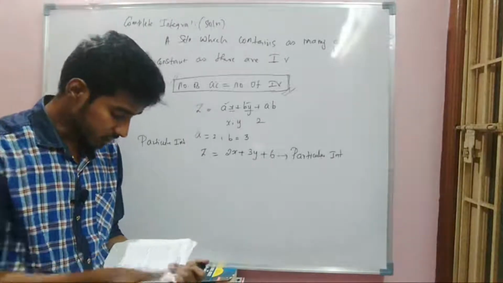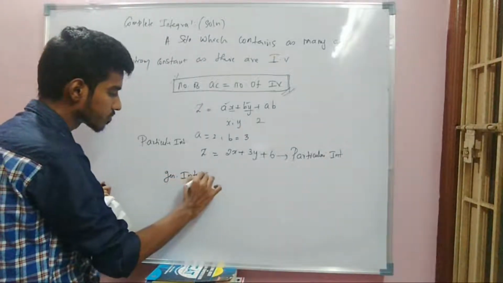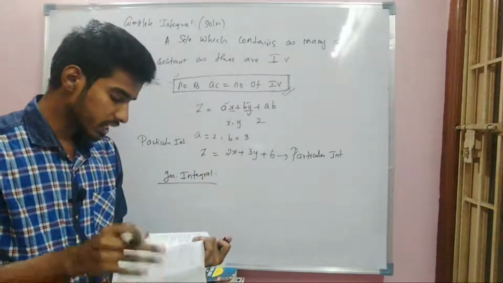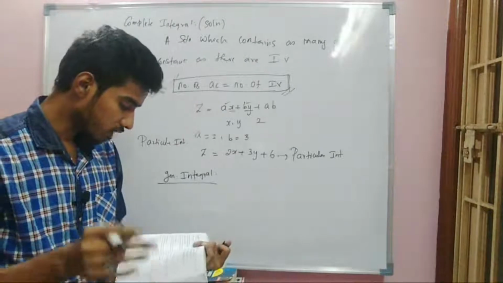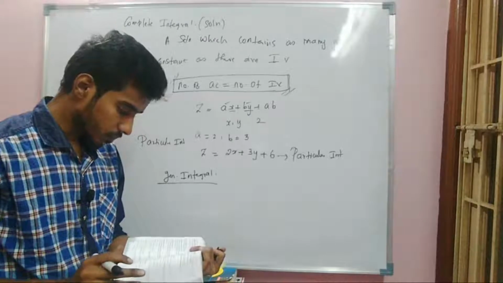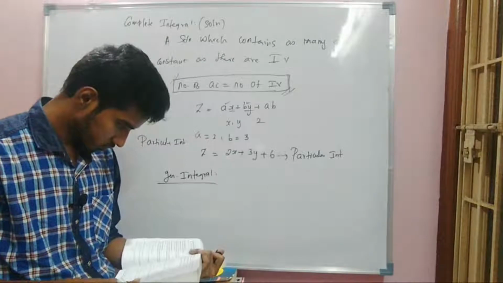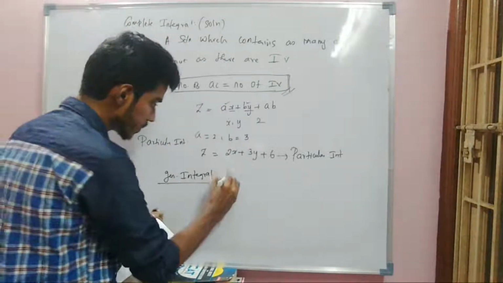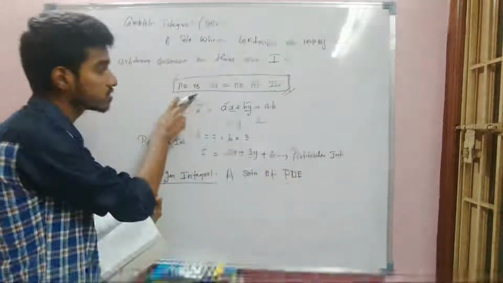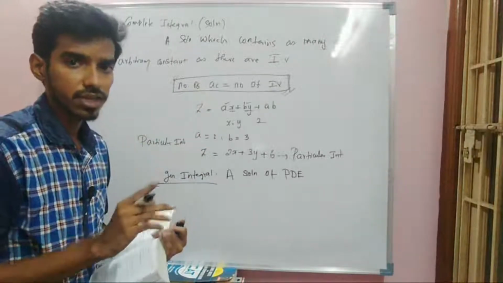The third definition is general integral. General integral: a solution of PDE which contains the maximum possible number of arbitrary functions is called general integral. If the number of arbitrary constants is equal to the number of independent variables, then it is called complete solution.